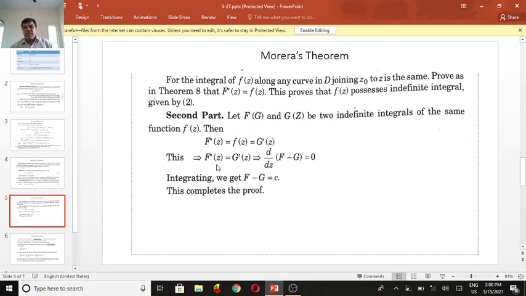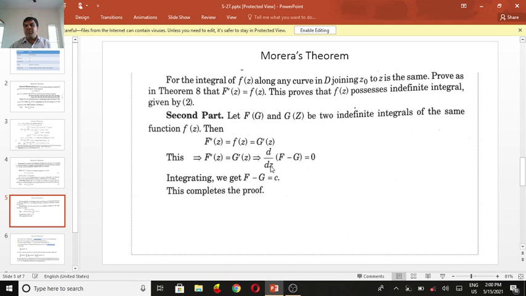So d by dz of F minus G equals F dash minus G dash, equal to 0. Integrating, we get F minus G equal to c.